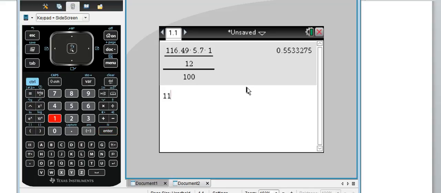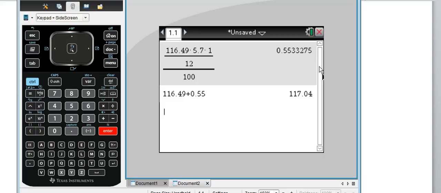So the total we have to repay is $117.04. That's the $116 that we owed at the end of 3 years and 8 months, plus the interest earned on that $116.49.